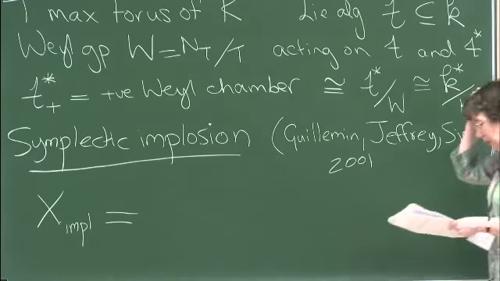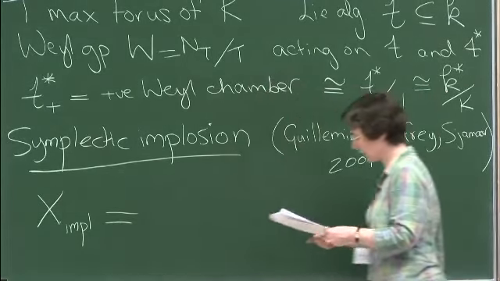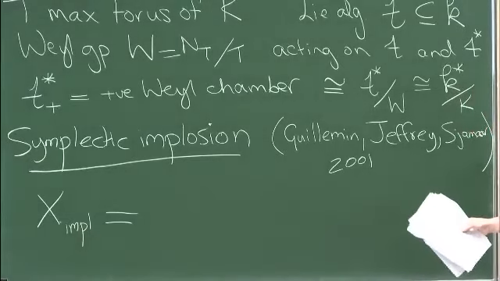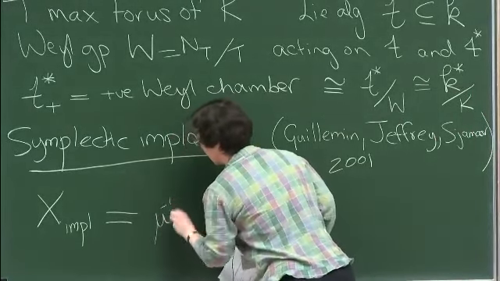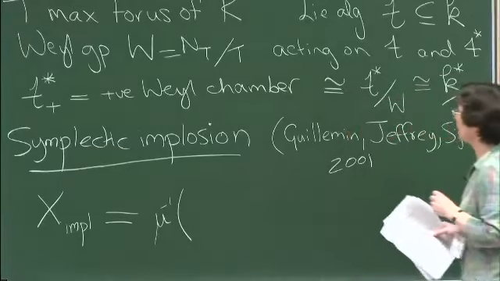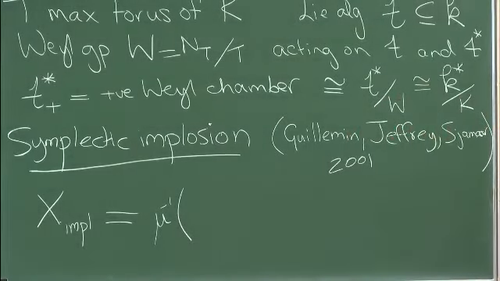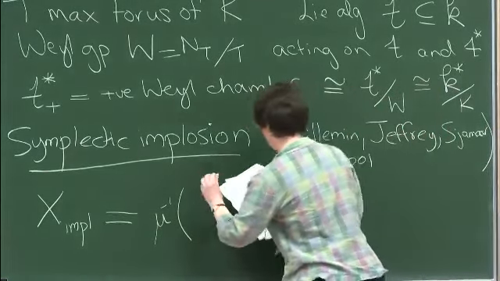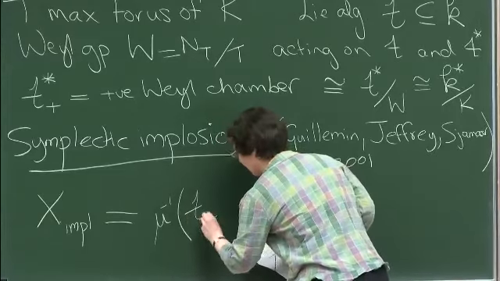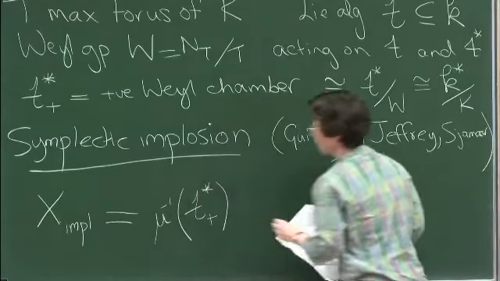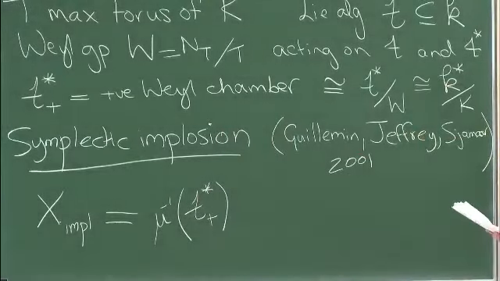It's usually singular, but has a stratified symplectic structure. The way that you get it is you take the inverse image, not of a single point, but of the positive Weyl chamber under the moment map.